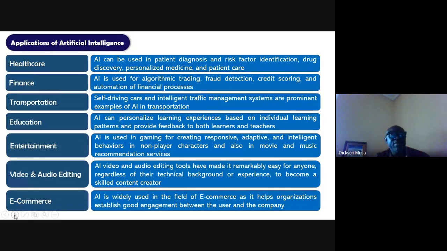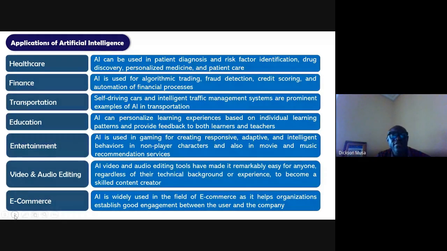And you find applications of artificial intelligence almost in every sector. In healthcare, AI can be used in patient diagnosis and risk factor identification, and in drug discovery. It optimizes the drug discovery process, and it can be used to create personalized medicine and personalized patient care.